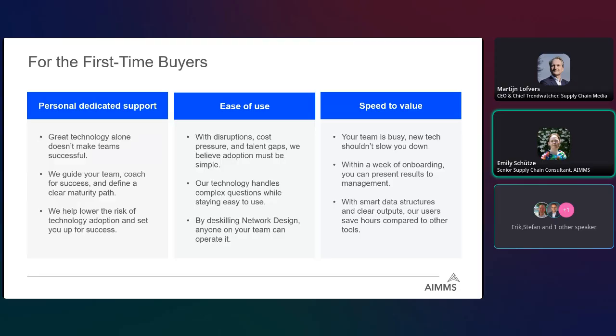But it's not just about the technology, it's about getting the right support. So we try and make a personal connection with all of our customers and focus on supporting them and giving them what they need.